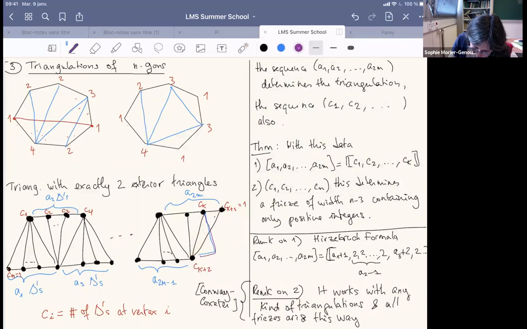The way I see the last triangle, I want to see it with the base up, but I could have written it with the base down, and it doesn't really change the counting.